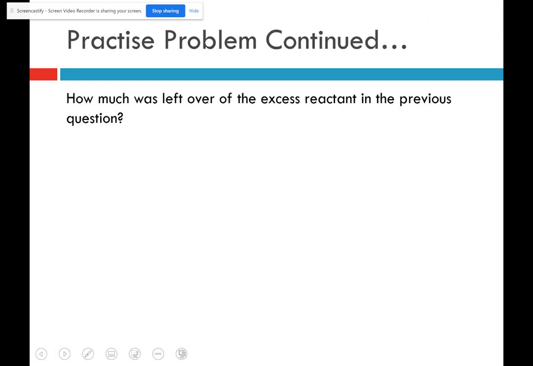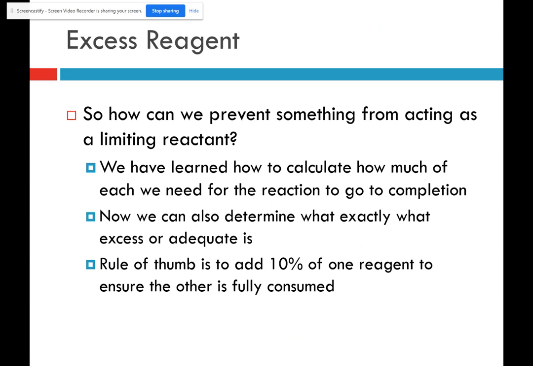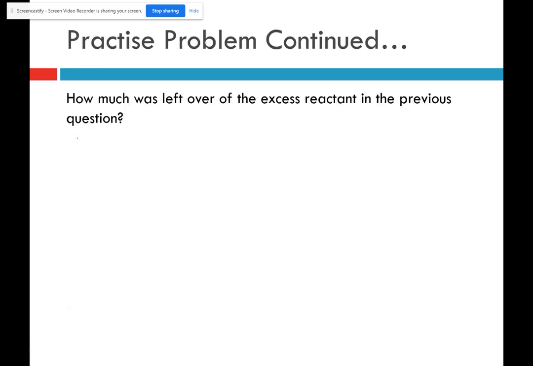Okay. Now it says how much was left over of the excess reactant in the previous question. Okay, so if we look at our question here, we had sodium and chlorine making sodium chloride. We had a 2 here and a 2 here.